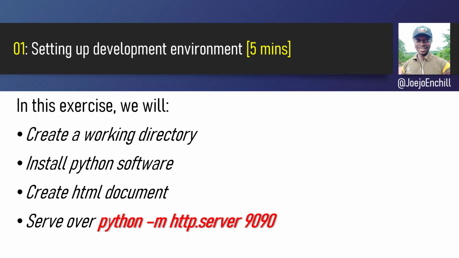The new thing here is installing the Python software. Yeah, I did mention Python when we were talking about programming languages. You remember? That programming language, Python, we will get a copy and install on our machine if we don't have that already.